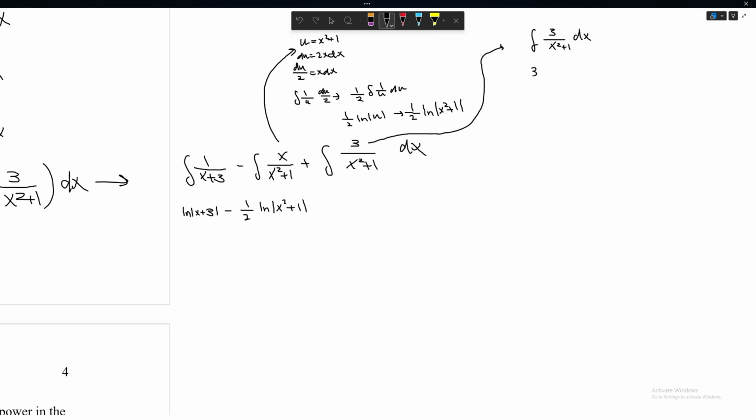The 3 comes out. 1 over x squared plus 1 dx. And in the formula sheet, 1 over x squared plus 1 is actually just an arctan. So tan minus 1 of x. And that is your integral. So now we plug it in. Plus 3 tan inverse of x plus c. And that's our integral.